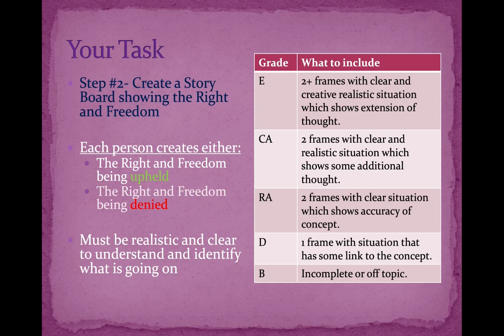Or you could choose to take the approach of, this right and freedom is not being shown, it's being denied. So what would be a situation that you could create related to your right and freedom that shows it not happening? Like if the government were to come in, they would say, this is not right. It must be realistic and clear to understand and identify what is going on.